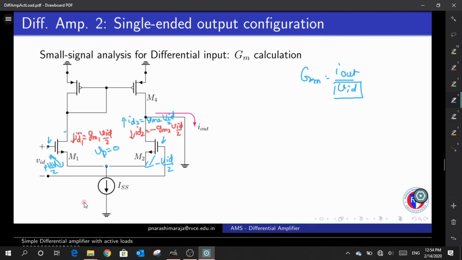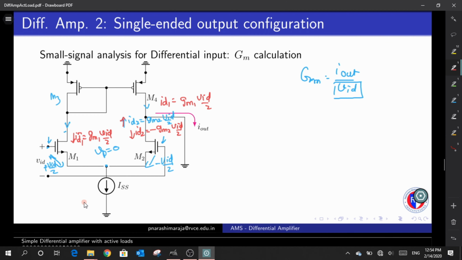Now what is the structure of M3 and M4? They are current mirrors, so any current flowing here will also be reflected at this particular point. This current is equal to GM1 VID by 2. There is also one more current coming towards this node, which is GM2 VID by 2.